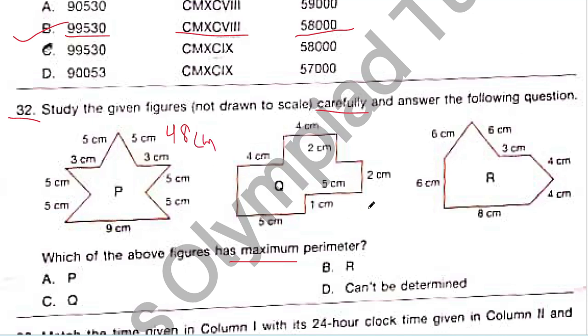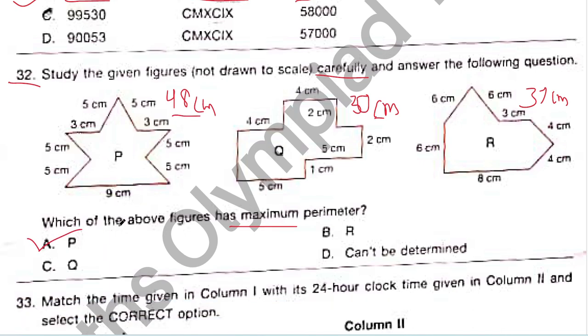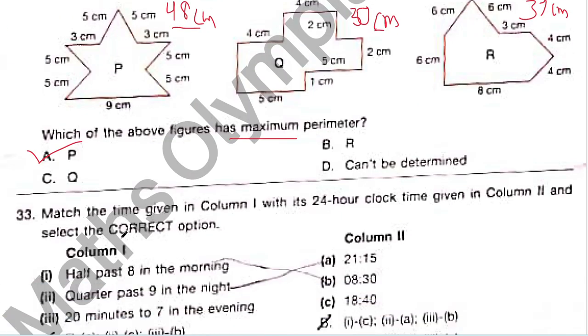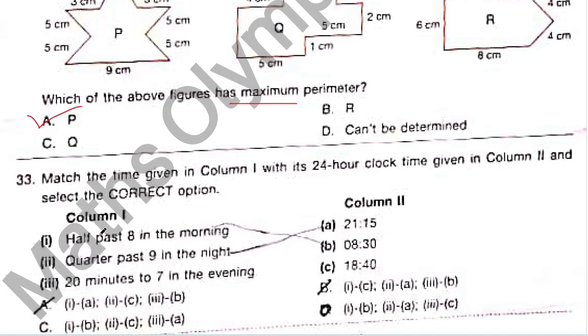For figure Q, when we add all the sides, we get the perimeter as 30 centimeters. For figure R, the perimeter is 37 centimeters. So the maximum perimeter is of figure P, which is 48 centimeters. So we should select option A.